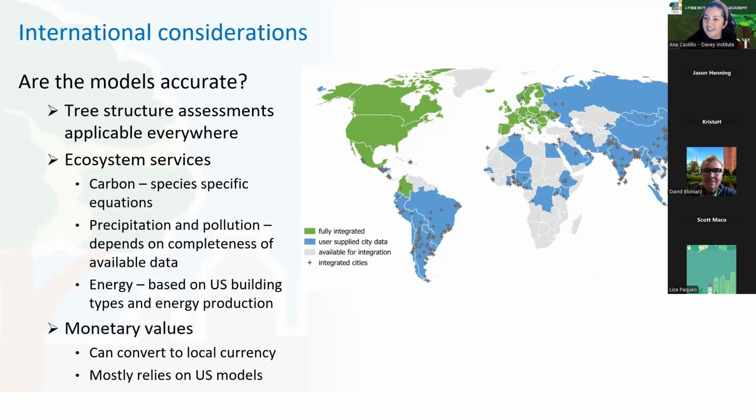With all that said, it's still a model, and there's still going to be different levels of accuracy, but there's nothing quite like iTree available for the rest of the world, especially anything that's free. So I think that's still really powerful, that you can confidently present the results from iTree to your community and to the stakeholders that you work with.